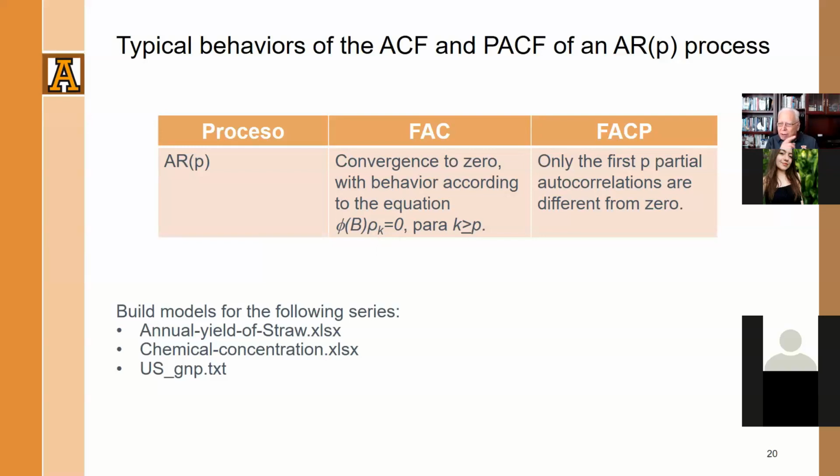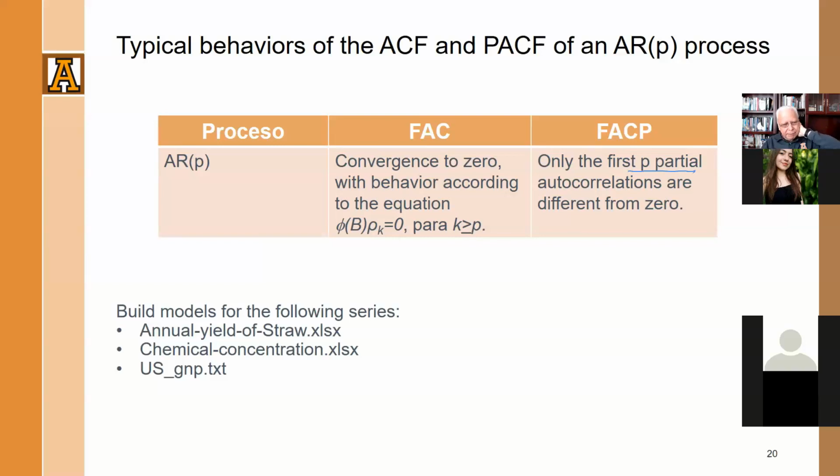That equation determines the behavior of the autocorrelation function. And for the partial autocorrelation function of an AR(P) process, only the first P partial autocorrelations are different from zero. That is what really helps in determining the order of an autoregressive process.